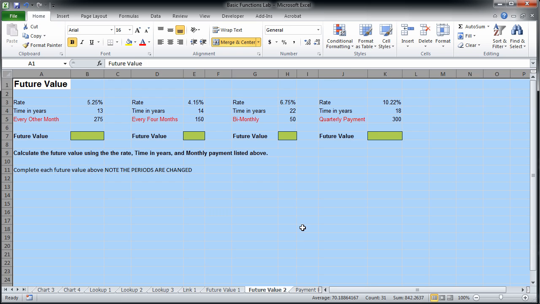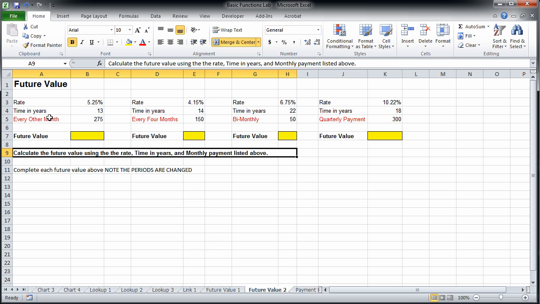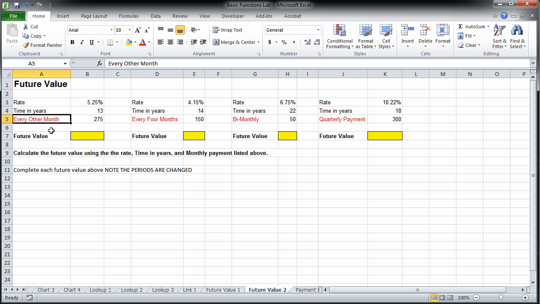Now I'm going to leave this to you. I'm going to have you do these. Notice there's a difference here. Every other month. So how many payments am I going to make in a year if I'm paying every other month? 6? In which case I need to take the interest rate and not divide it by 12, but divide this by 6, and I would then multiply the years by 6, because every other month I'm going to make a payment, so I'll make 6 payments in a year.